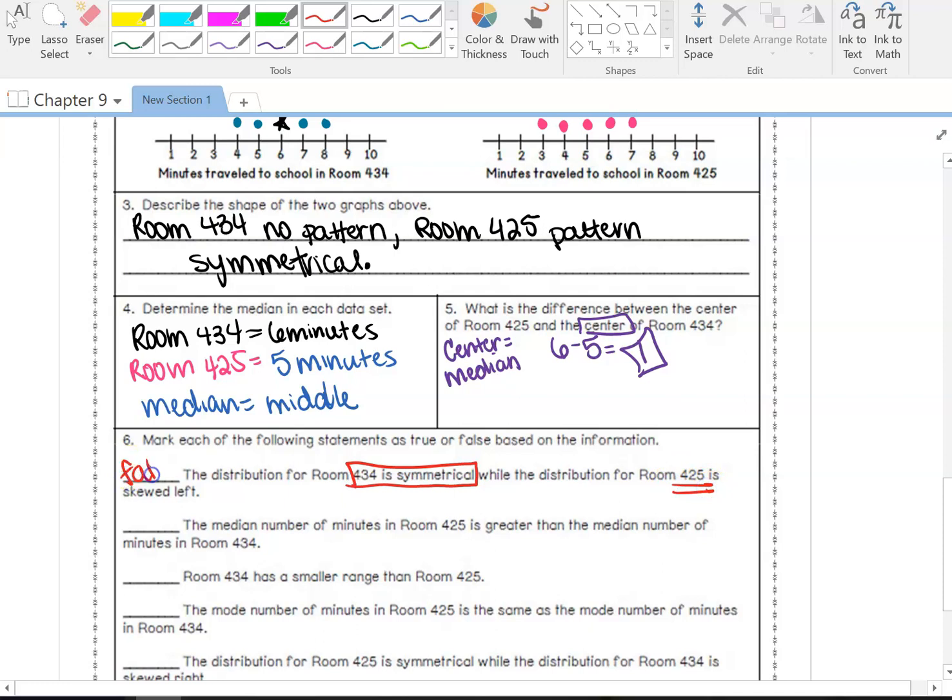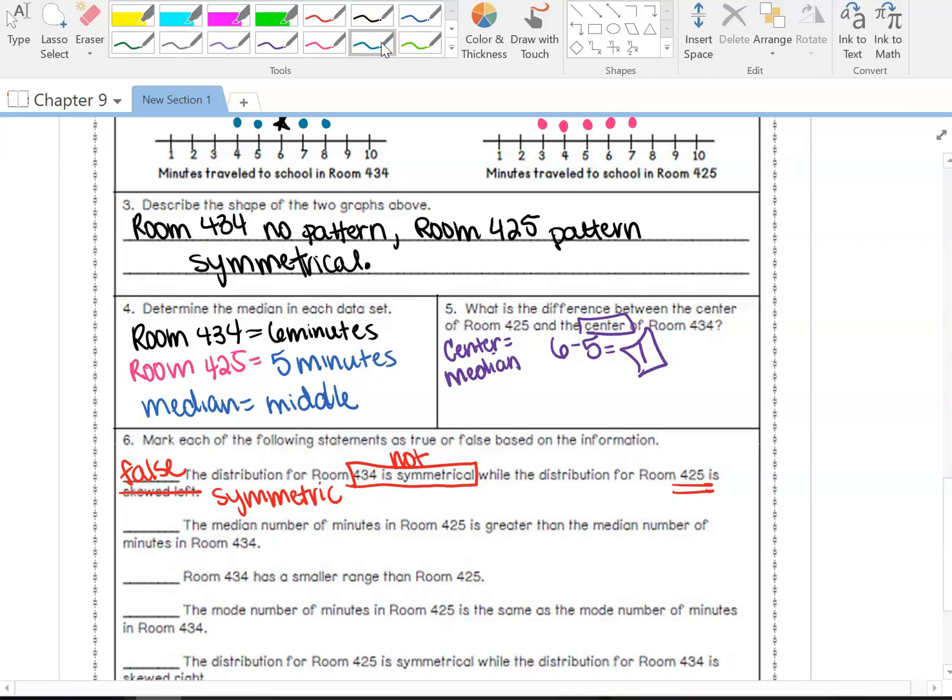So this is false. So 434 is not symmetrical, and 425 would be the symmetrical one. So all I'm doing is going back and fixing it with correct terms to make it true. So that way I know what could make it true.